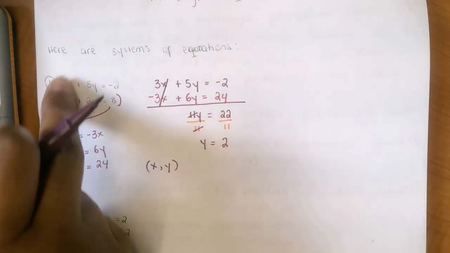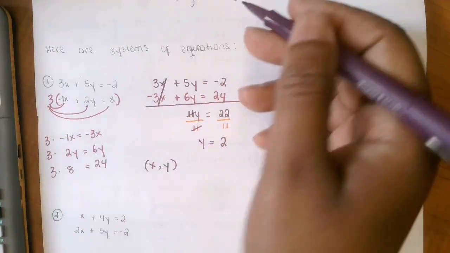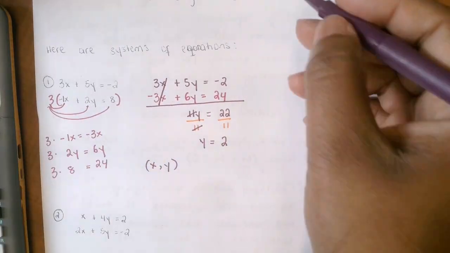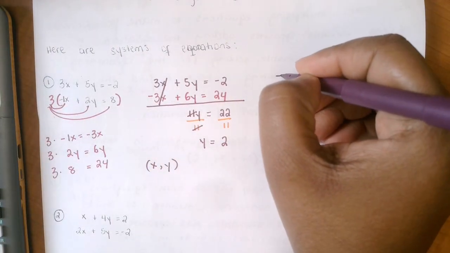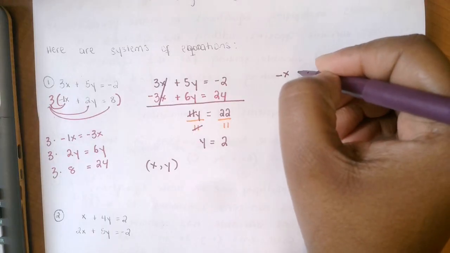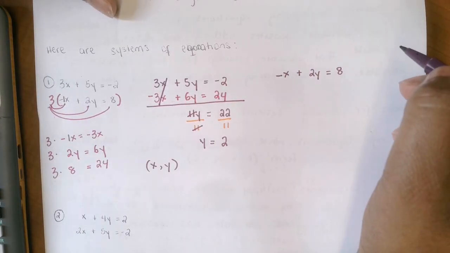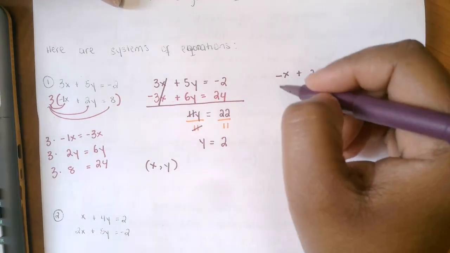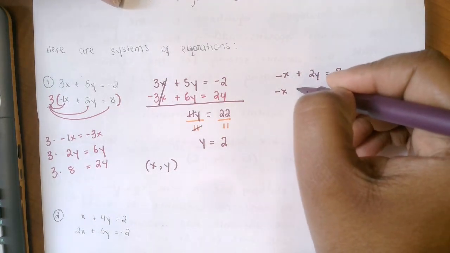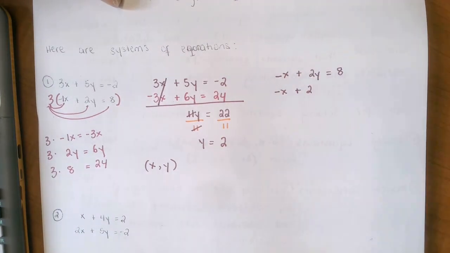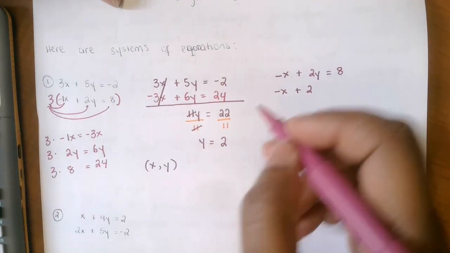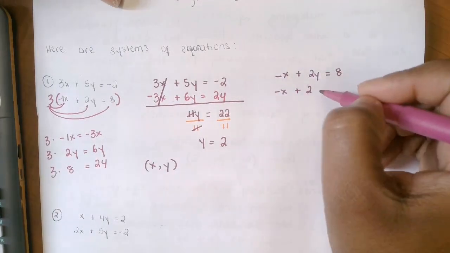We grab one of our original equations. I always go for the simplest one. So I'm going to say negative x plus 2y equal 8. We don't know the value of x, so we rewrite negative x plus 2. And again, the same idea as before, we're going to copy and paste.